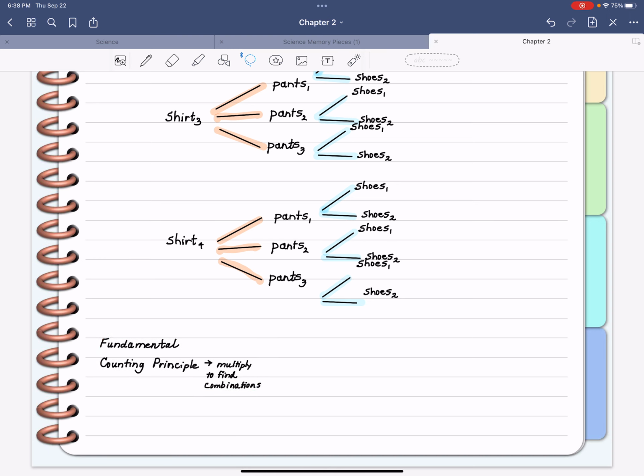So it says to multiply to find your combinations. So he has shirts, 4 choices, and pants. That word "and" is important. Pants, he has 3 choices.